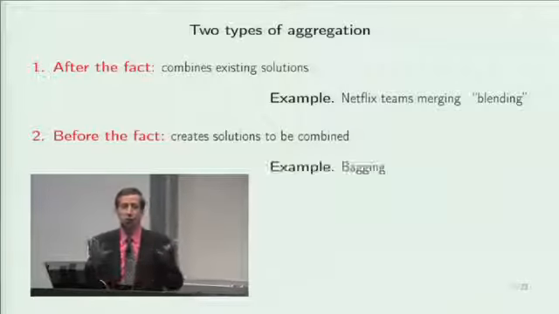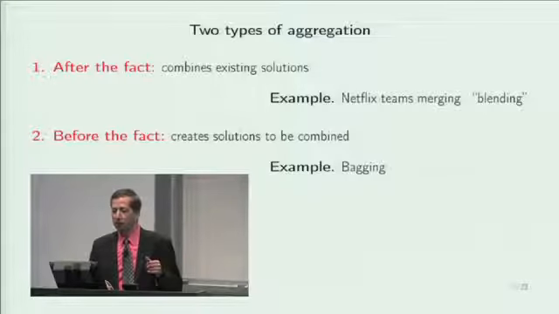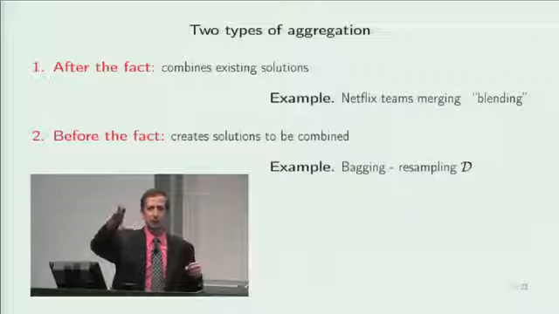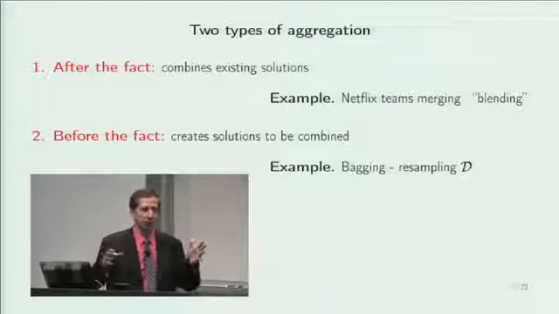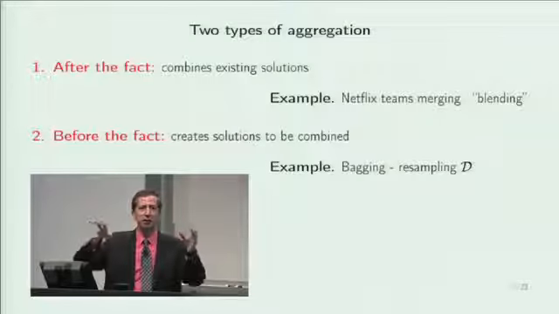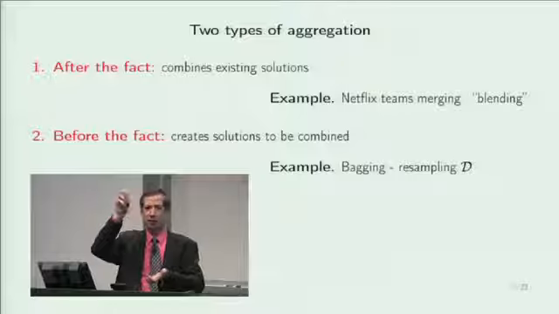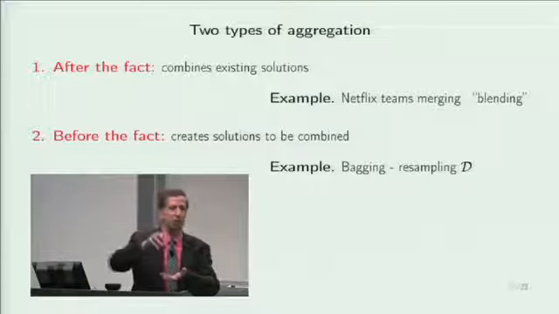And we saw an example of that in one of the Q&A sessions, which was a question of bagging, where I give you the data set, and let's say that I want to give the class the problem, but I want to combine at the end, okay? And they are going to work independently. So I want to do something to make sure that they are fairly independent. So what I do, I resample D and give everybody a different sample from D, a bootstrap sample.